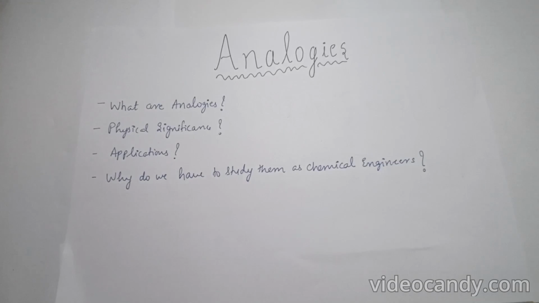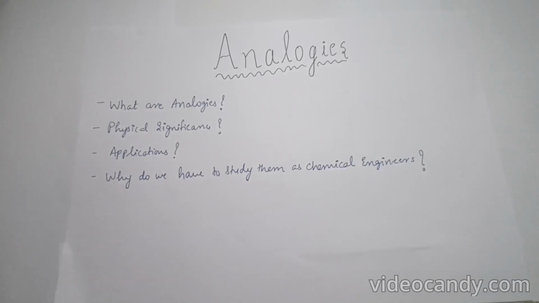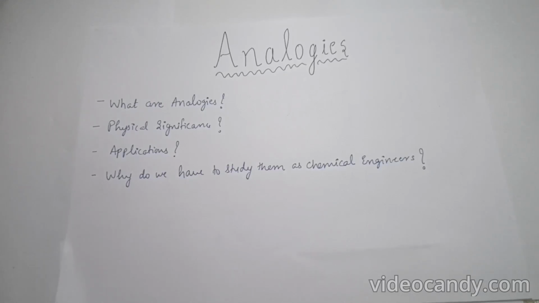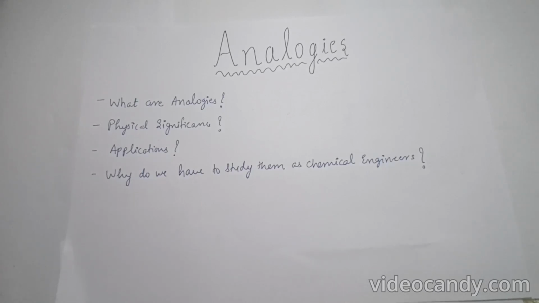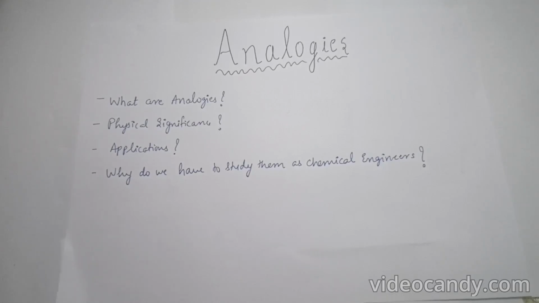So guys, by using these Reynolds and Chilton-Colburn analogies, engineers can develop simpler, cost-effective and efficient solutions for problems involving momentum, heat and mass transfer, making them indispensable tools in chemical and process industries.